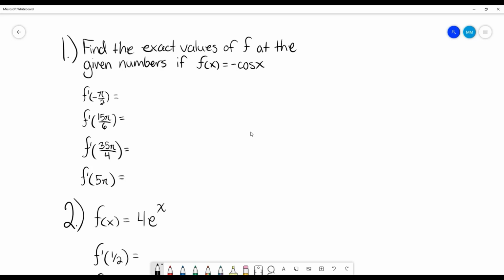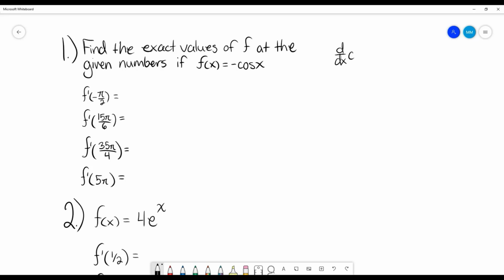And so in order to do this, obviously this is f prime of these given x values, and that f prime, as we know, means that that's the derivative of f. So the first thing that we want to do is find whatever the derivative of f of x is here. Well, according to our textbook, and obviously several other sources, we can represent the derivative with respect to x like this.